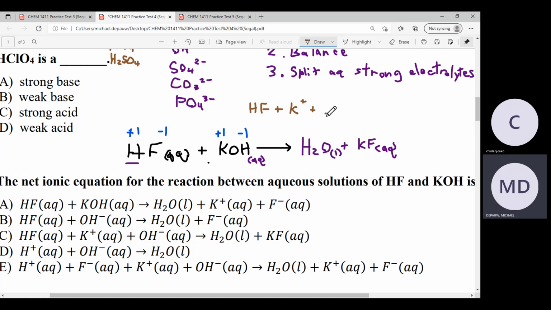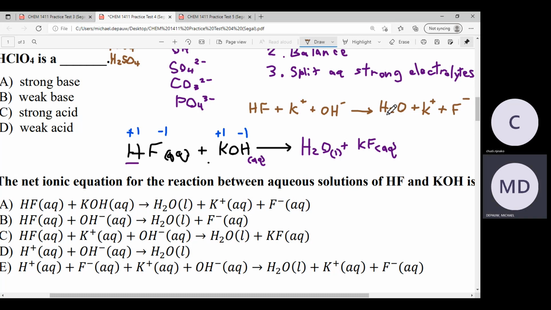OH minus is the other part of that that will split apart. And then I'll draw the arrow. Water stays together. And then potassium fluoride breaks apart, K plus, still a positive ion, and F minus.